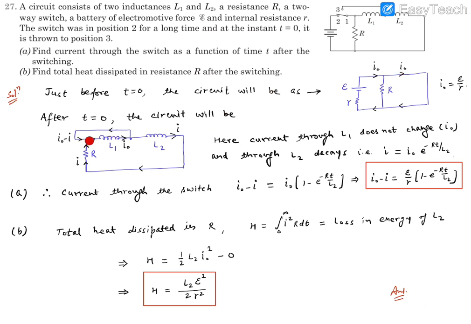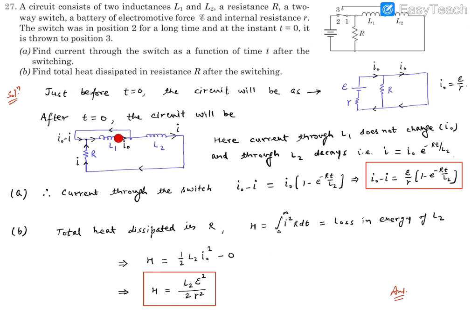However, the inductor L1 will have zero potential difference across it. Since it has zero potential difference, the EMF is 0, so d phi by dt is 0, which means the flux will not change. Since L1 does not change its flux, it will also not change its current.